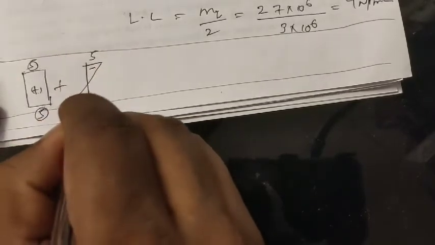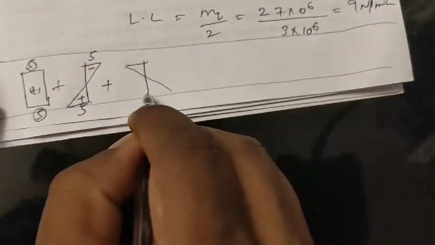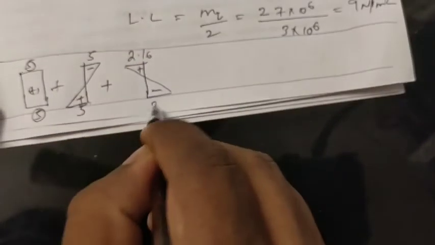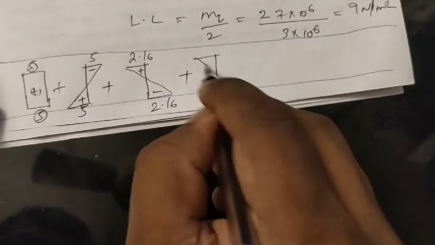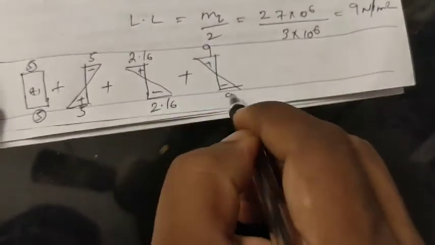Top is negative and bottom is positive. The next is due to dead load. Top is positive and bottom is negative. The answer is 2.16. The next thing, due to live load, top is positive and bottom negative, that is 9.